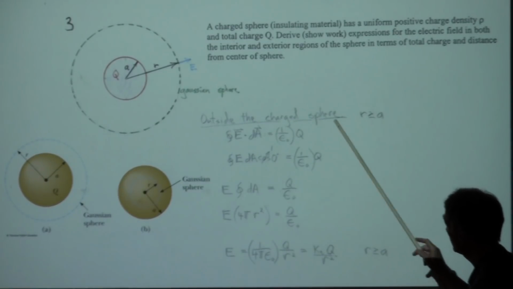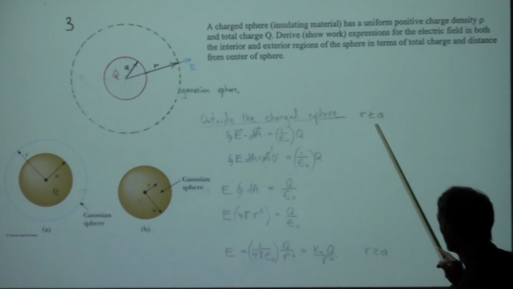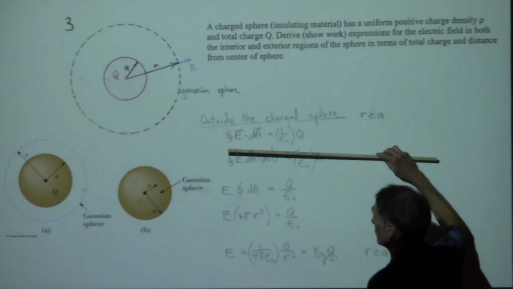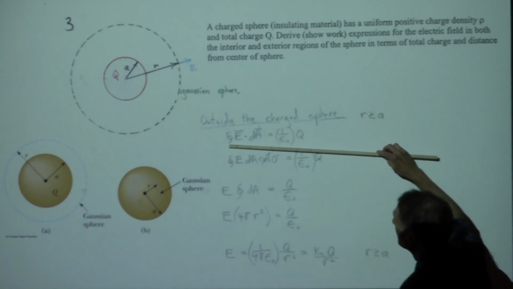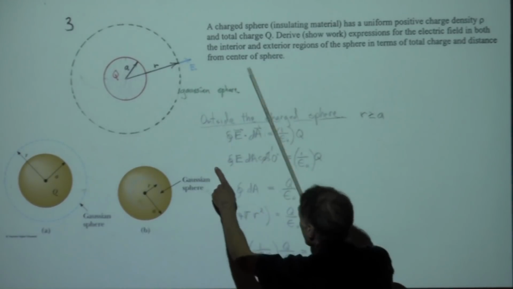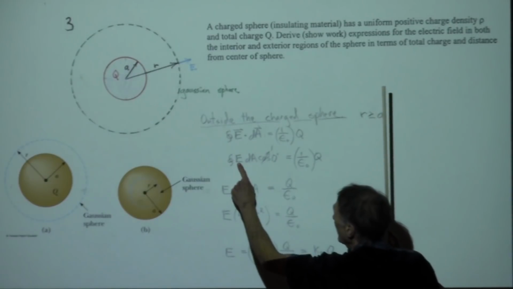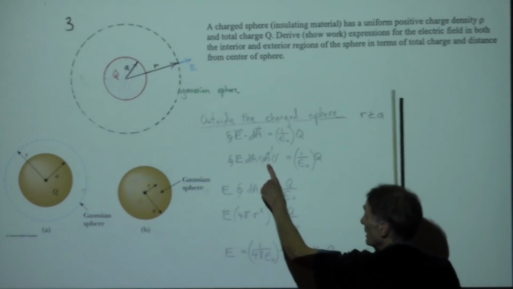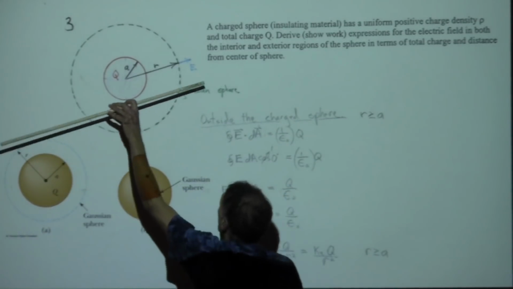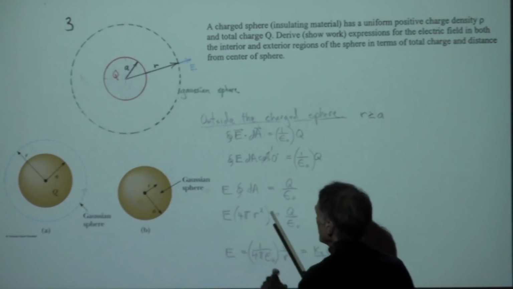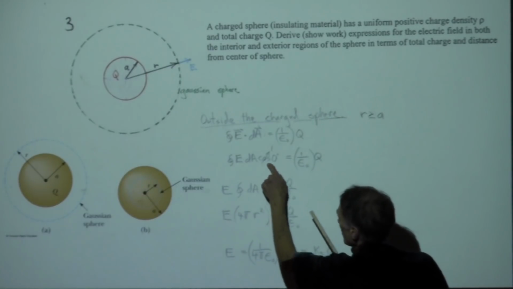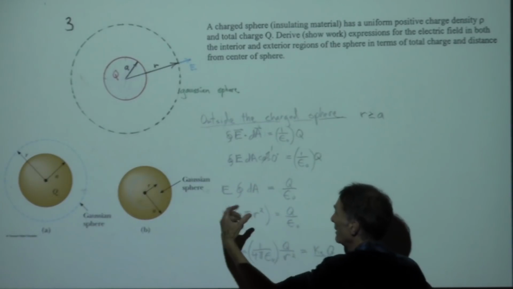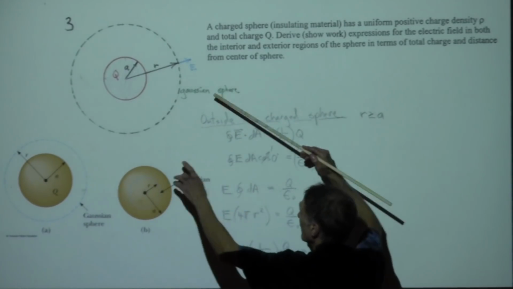Okay, so if I'm outside the charged sphere, where r is greater than a, we can write Gauss's law. It's totally true, general all the time. In this case, we've got spherical symmetry, so that E and dA, the dot product with them, the cosine of 0 degrees, since the normal vector and E are going to be in the same direction, that's going to just go to 1.